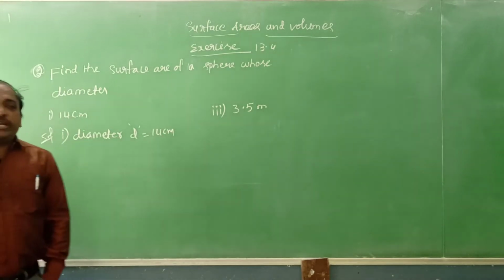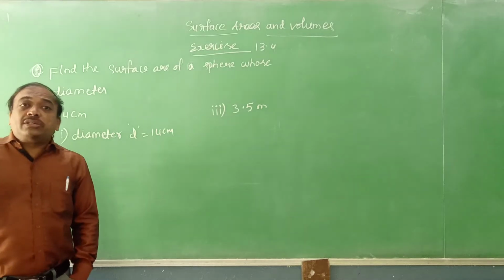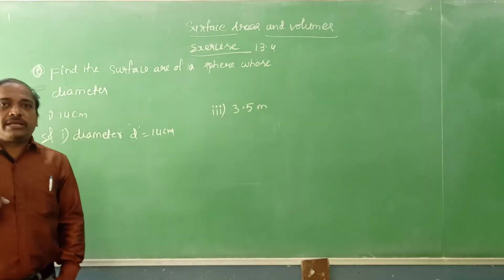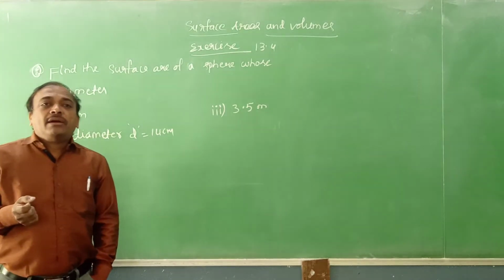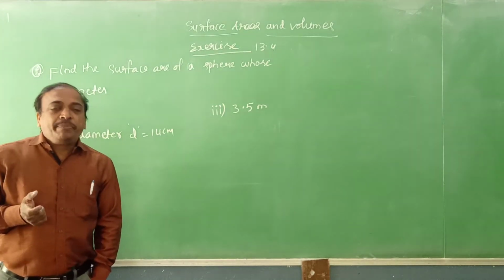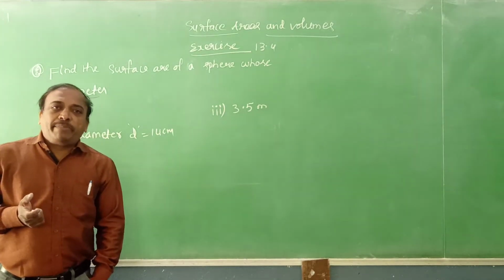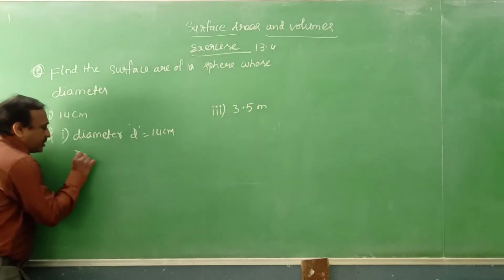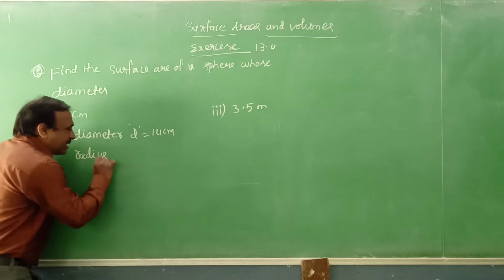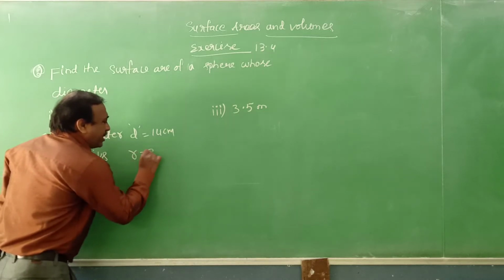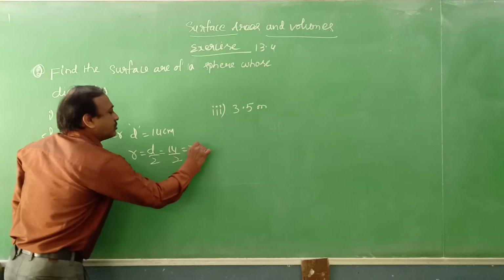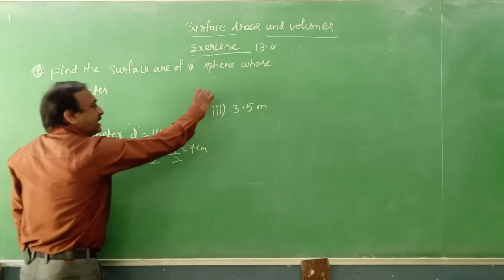We know the formula based on the radius, not the diameter. So when we know the diameter, how do we find the radius? Exactly, divide by 2. Radius R is D by 2, so 14 by 2 is equal to 7 centimeters.